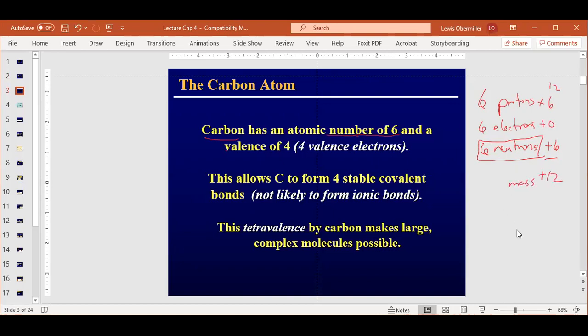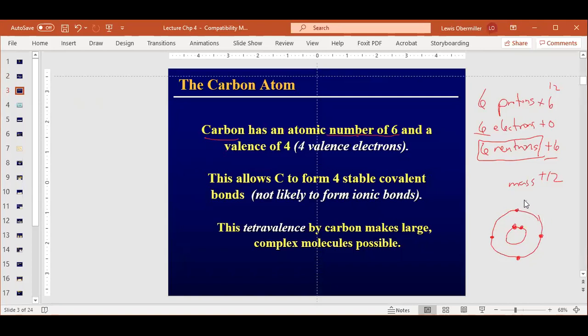And then we know that if we're drawing carbon out, the first shell has 2 electrons in it, and then the second shell would have to have 4. And remember, they're not paired. 1, 2, 3, 4. And you guys need to be able to do this for the test, so we need to practice this.